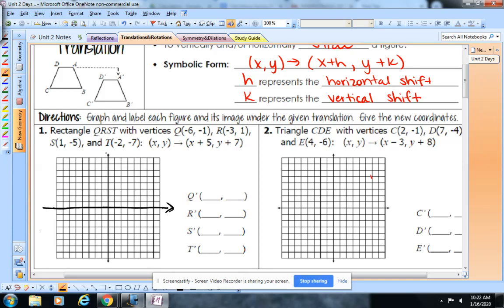Let's do that first. So we always want to start with graphing the original figure. And make sure that you label your vertices with those letters. And these are -8 to +8 again, so that might help you with your graphing.